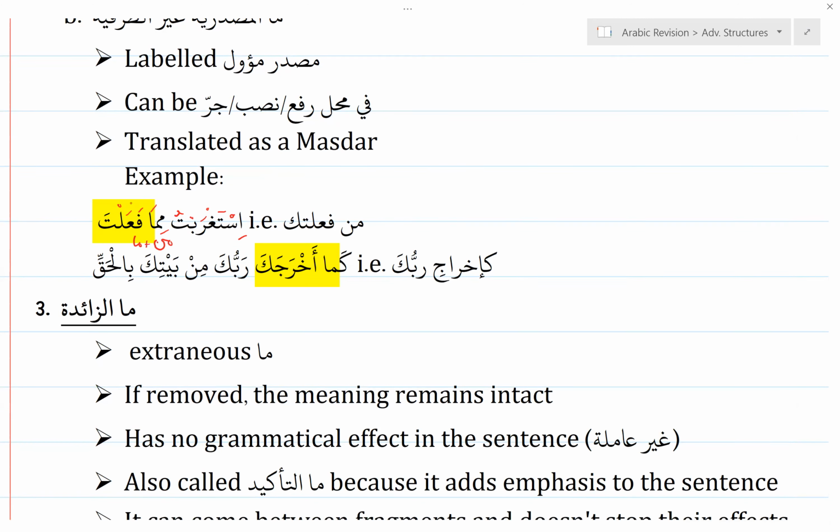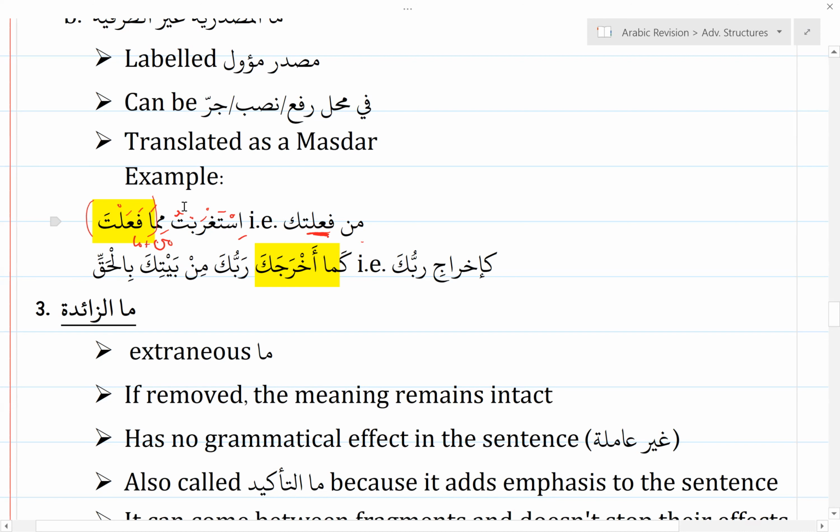So I was perplexed with what you did. Okay. So ما فعلت can easily be replaced by the masdar min fi'latika. I can actually say استغربت min fi'latika. So you can see ma fa'alta, you can replace with the masdar.